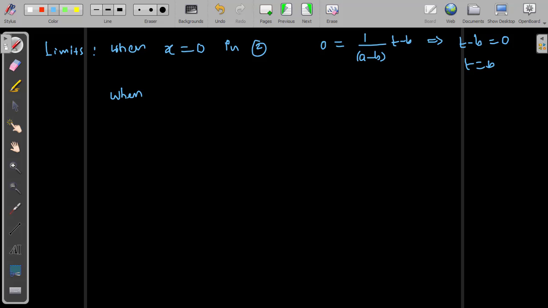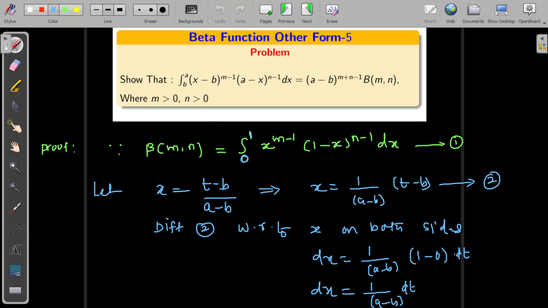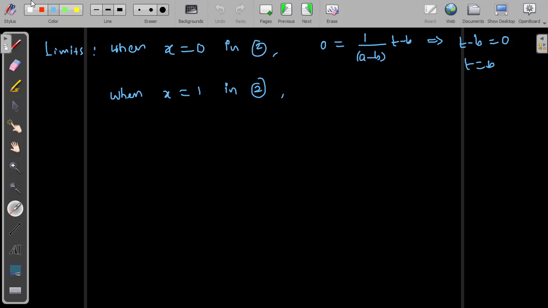Now the upper limit. From equation 1, the upper limit is x equal to 1, and we substitute in equation number 2. So 1 equals 1 by (a minus b) times (t minus b). When you cross multiply, a minus b equals t minus b.